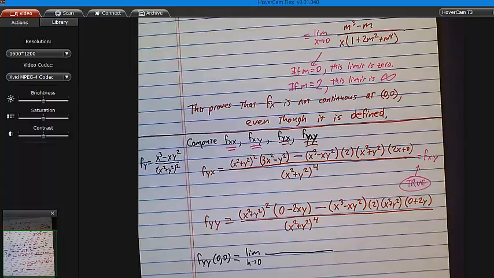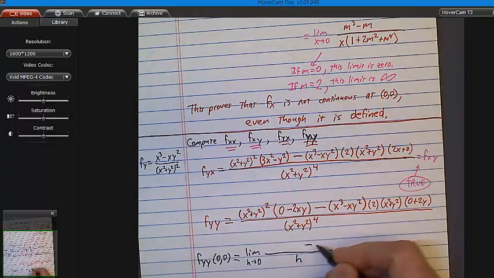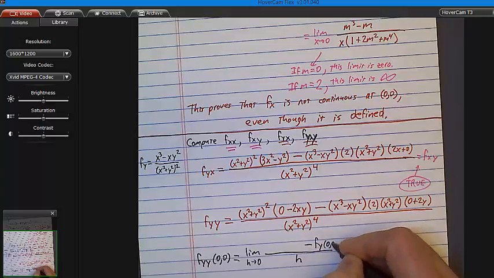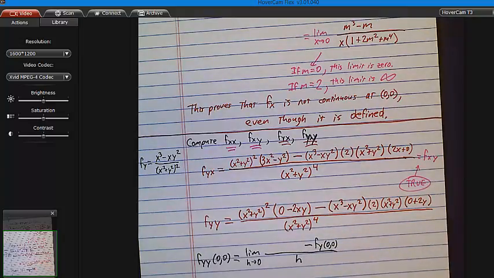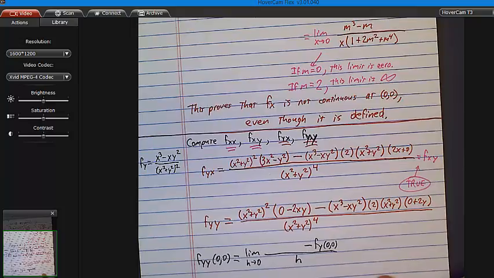Let's fill in the denominator. Let's fill in over here. It's interesting. What I'm going to subtract is f_y of (0, 0). Did we define f_y of (0, 0)? I think we did. Oh, I guess I didn't actually compute it.